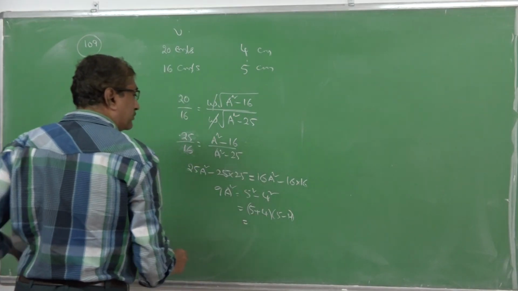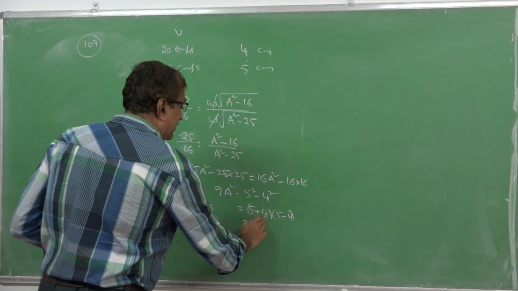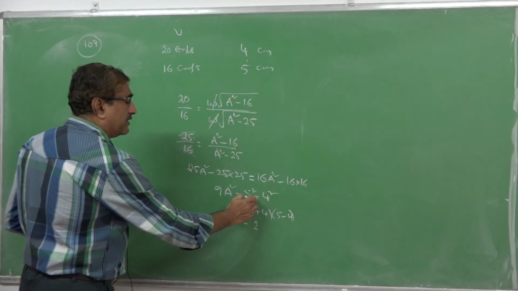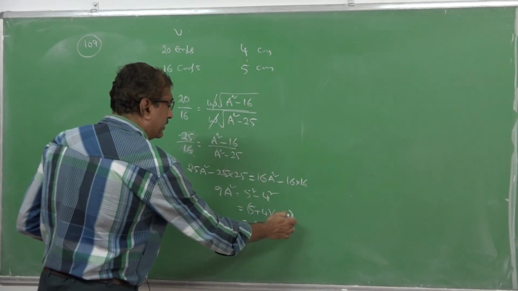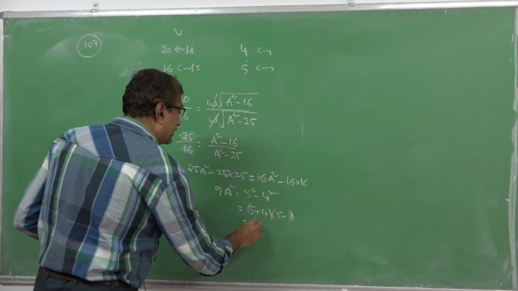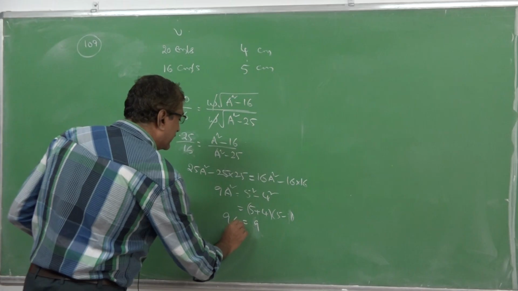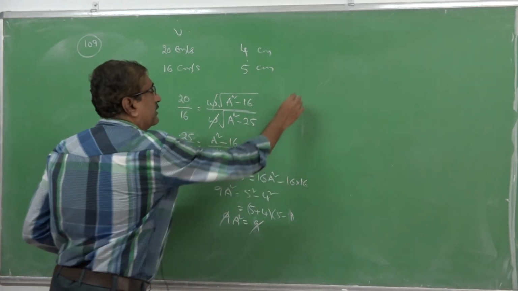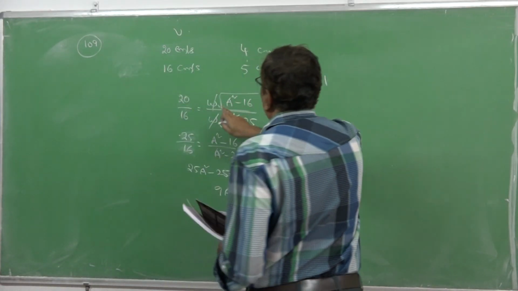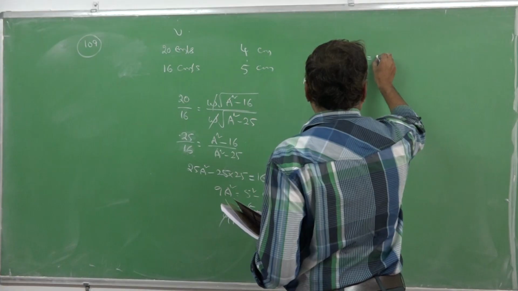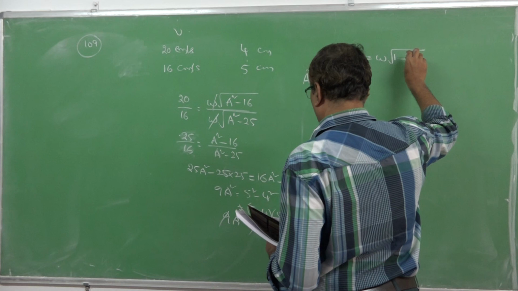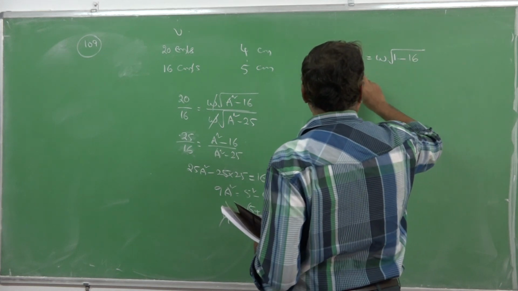That is 5 plus 4 into 5 minus 4, a plus b into a minus b. This is 1 and this is 9. So 9 a square equal to 9, a square is 1. Now substituting in this equation, 20 is equal to omega square root of 1 minus 16. What is it?